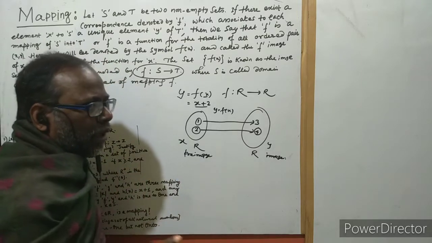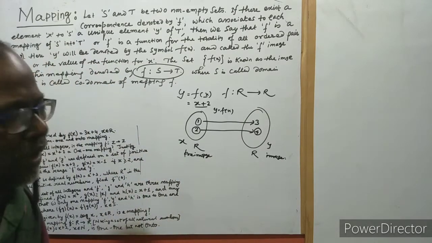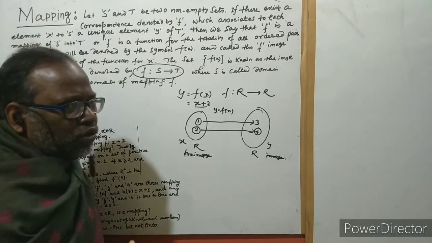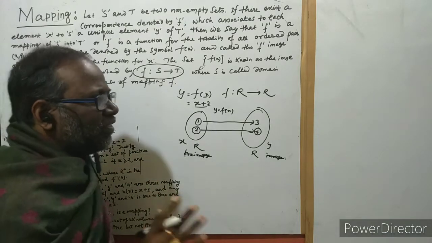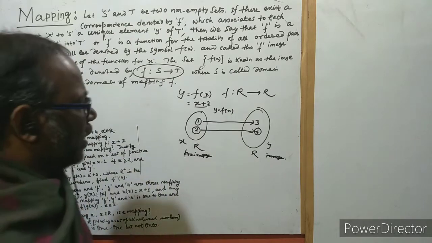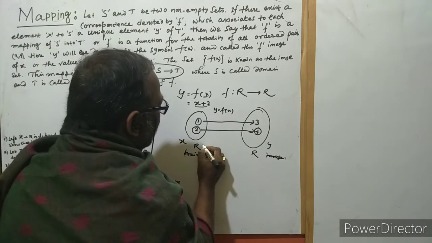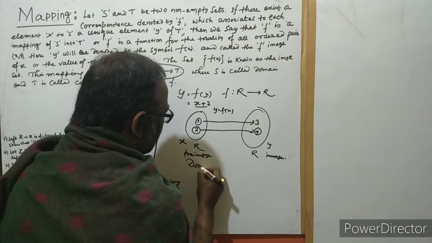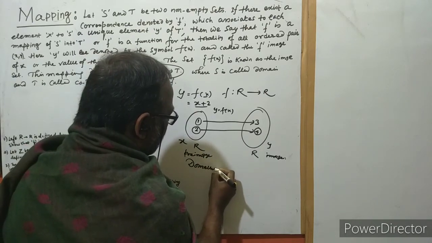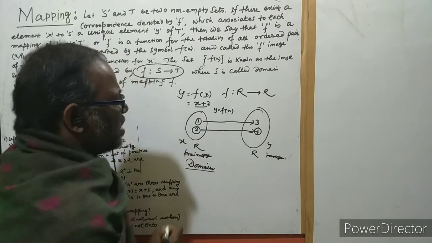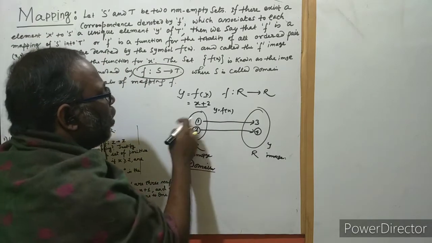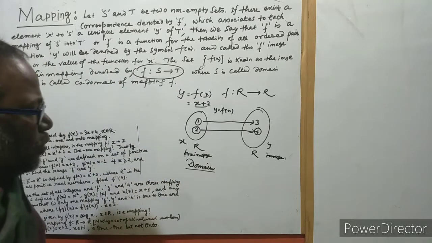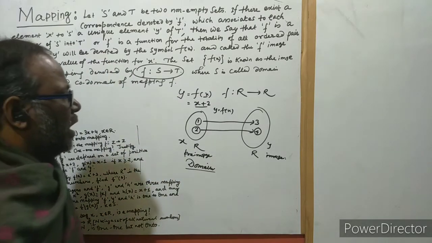I want to give you an example of what many-to-one is, but first see that. What is the difference between into mapping and onto mapping? This set is called the domain. Domain means the values of x for which the function is satisfied, so that region is called the domain.